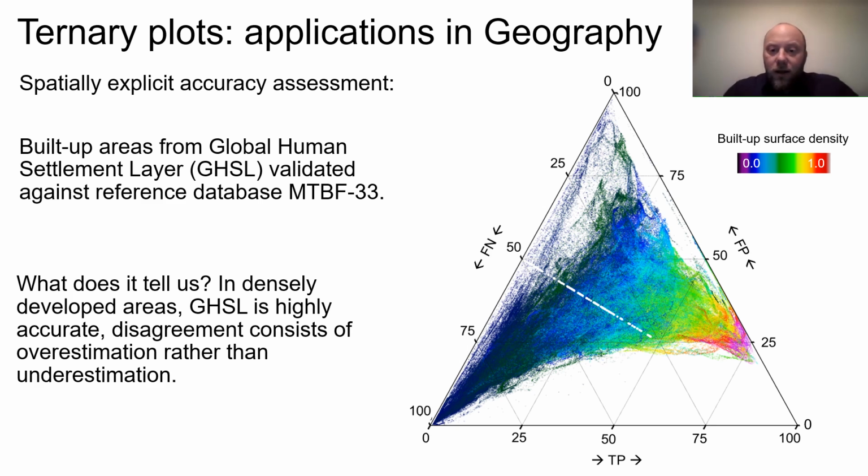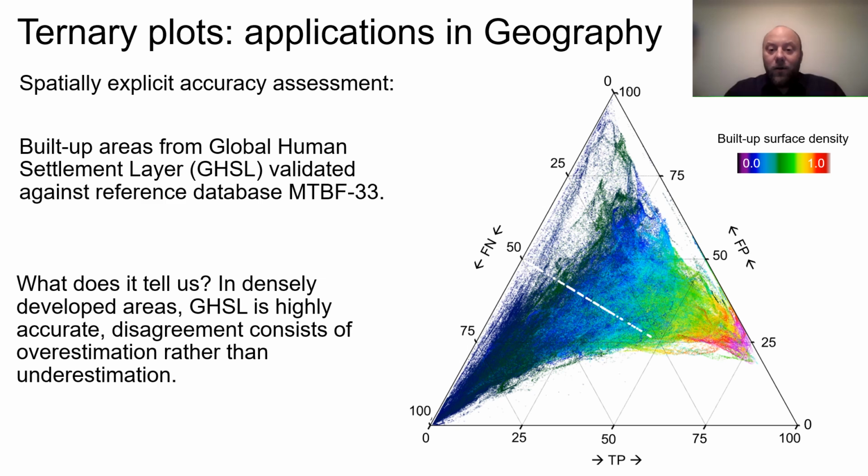Each dot in this ternary plot represents a pixel, so a location in geographic space, and the location of this data point in the ternary plot tells us how accurate the global human settlement layer is at those locations.